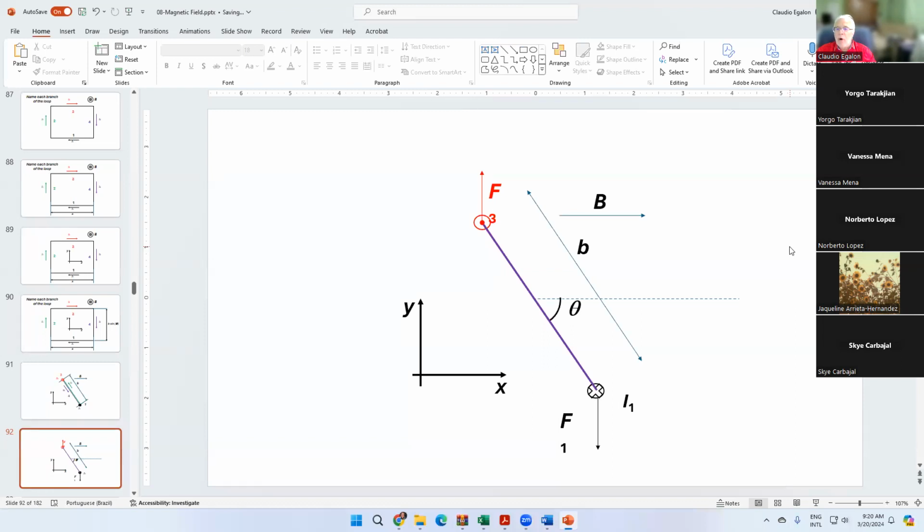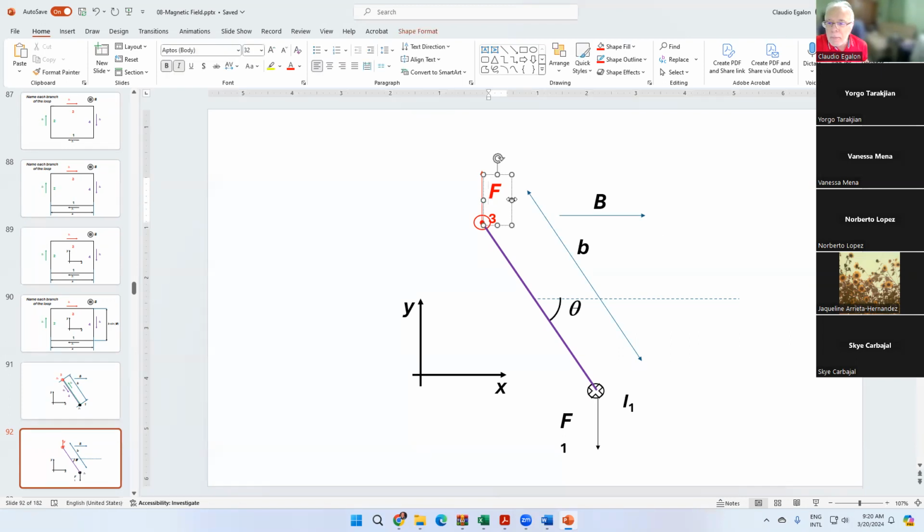And now we are going to cross the current with the magnetic field, right? So you put your right hand along the direction of current 3 and cross towards the B field. So the magnetic force is upwards.